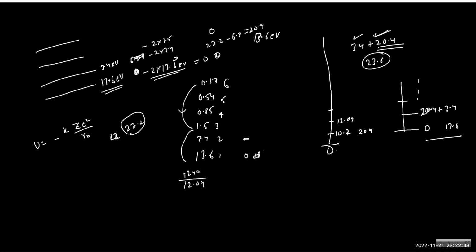Find the maximum angular speed of electron of H atom in stationary orbit. What is this? Simple question. Can you solve question number 19? Yes, sir. That's interesting. Let's see.